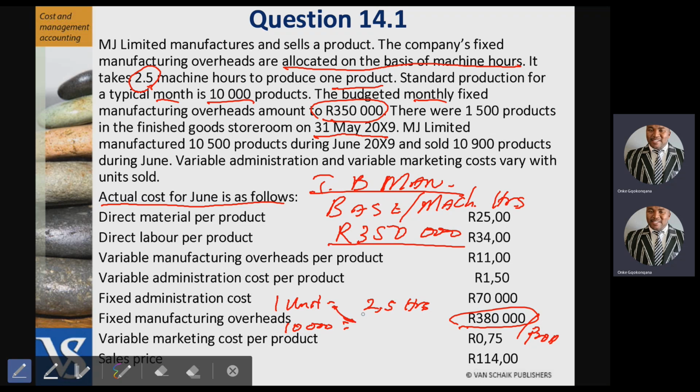You do what they call cross multiplication. Remember, I may say 10,000 divided by 2.5. Remember that 2.5 is the hours, so you need to take note of that.